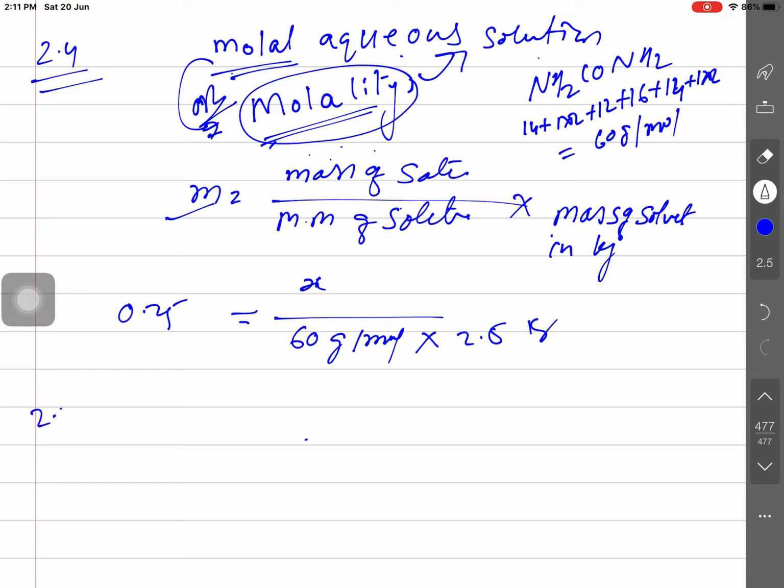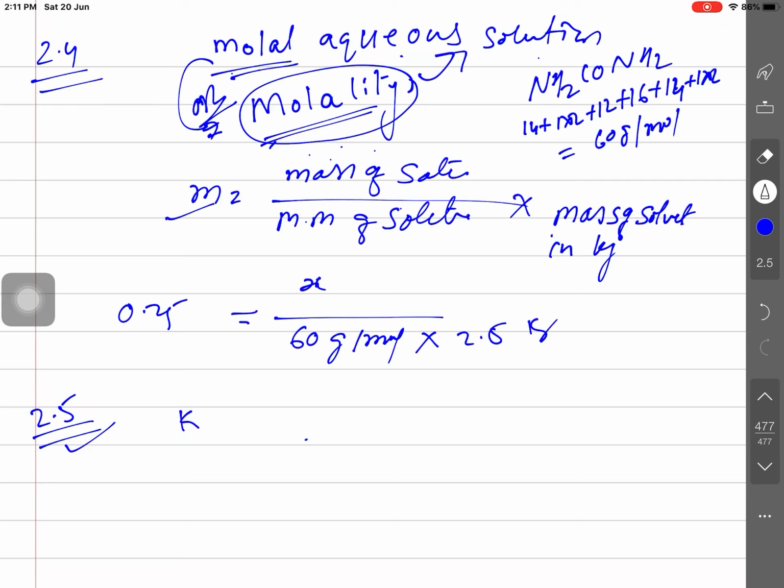And the last question is 2.5. Here also it is your home assignment: molality, molarity and mole fraction of KI solution.